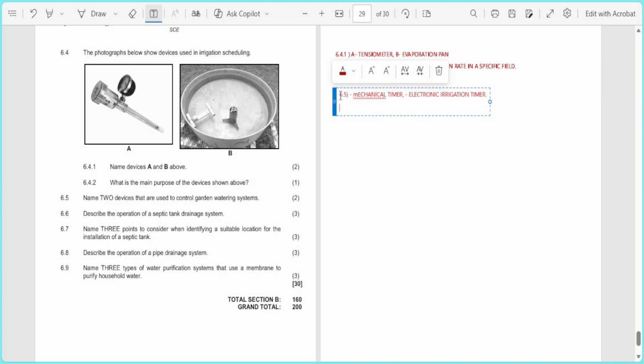6.6, describe the operation of a septic tank drainage system. The septic tank drainage system is sort of like a two-stage biological treatment system. The first tank is where solids settle and bacteria break down waste. There's no oxygen in that tank.